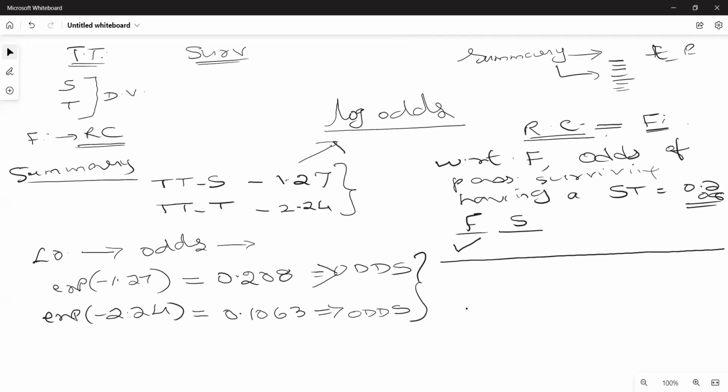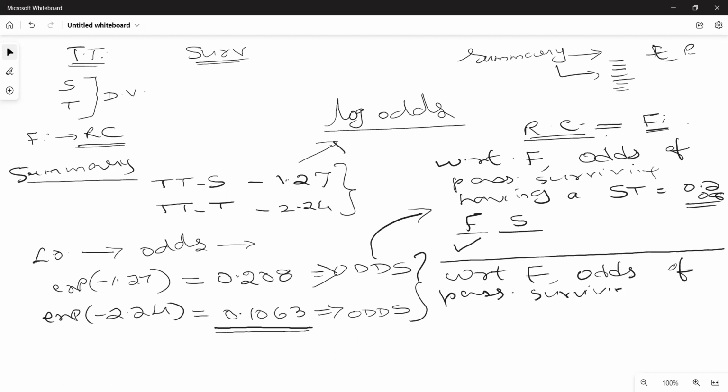Fine. Similarly, for this value of 0.1063, I can say, with respect to the first class, the odds of a passenger surviving having a third class ticket is how much? 0.1063.